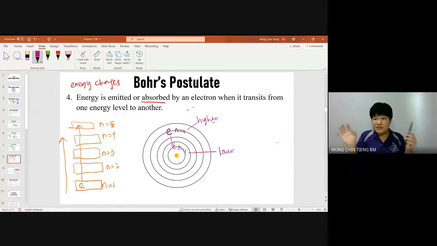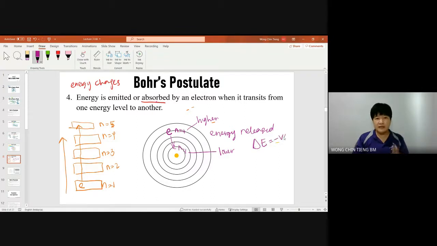So no energy will be used, but energy will be released. Why energy will be released? Because you'll be screaming. Alright, that is your energy release. Sebab saya yang tolak kamu. So bila electron jatuh, energy will be released, and vice versa of just now, your delta E will be negative.